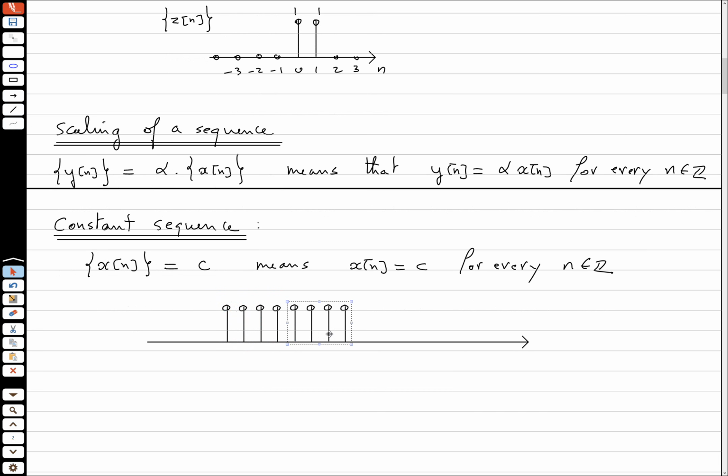It's a fast way to plot a constant. So x of n will be equal to c infinitely.